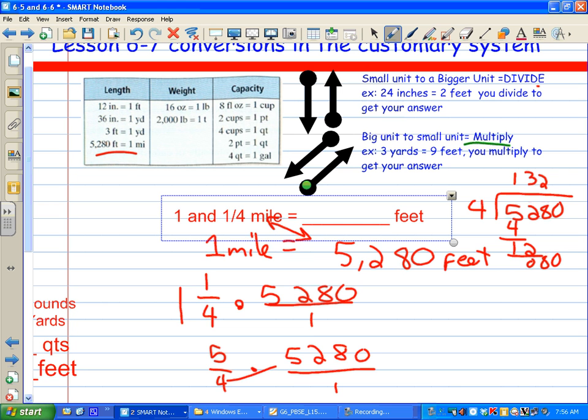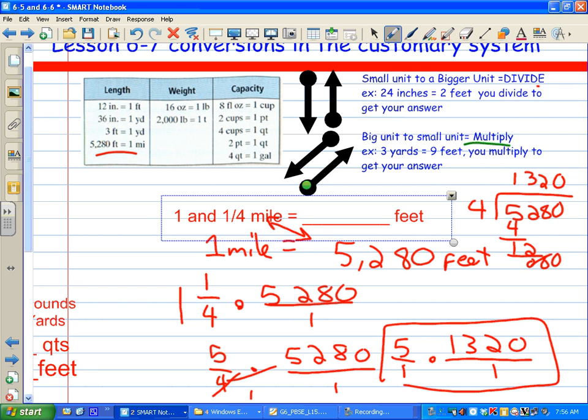And I bring down that 0. 1,320. So 1,320 is a little easier than dealing with 5,000 there. And more importantly, it means I don't have to divide later. This becomes a 1. So I get 1,320 over 1. So this is my new problem.